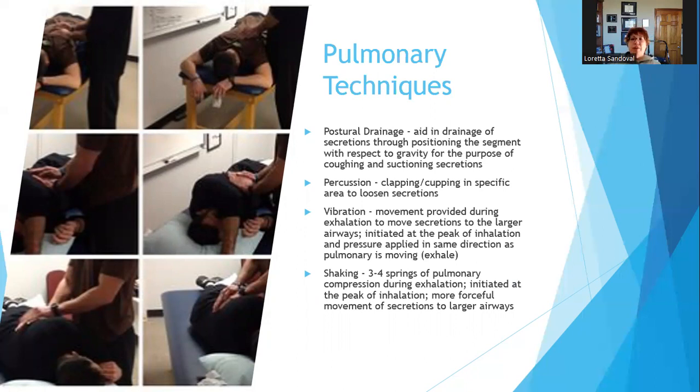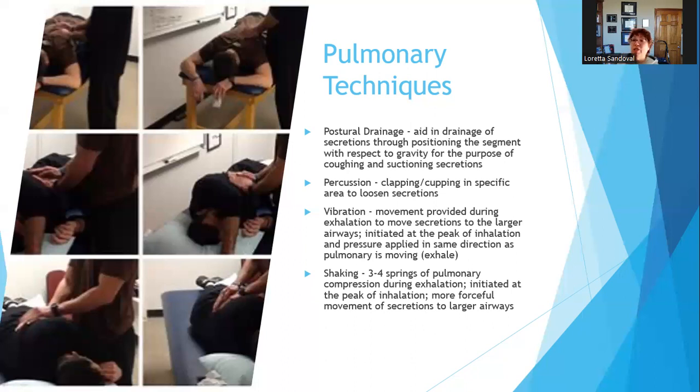And with vibration, when the person exhales, you vibrate the area to move secretions to the larger airways. So you wait till they're at the peak of inhalation, and then you vibrate in the same direction that the pulmonary system is moving air.